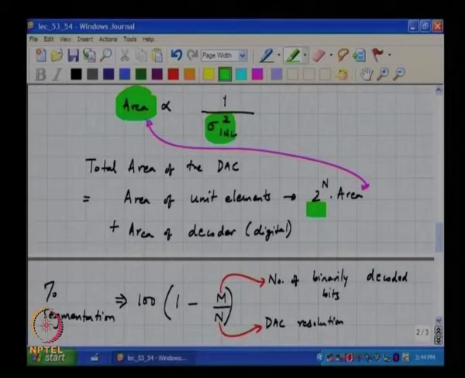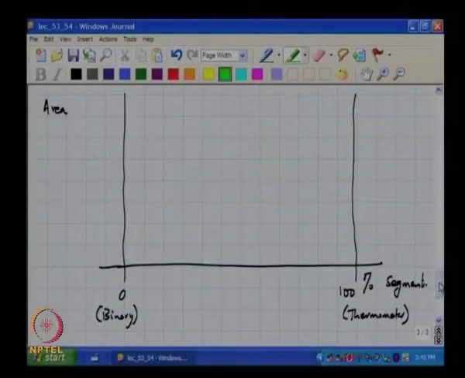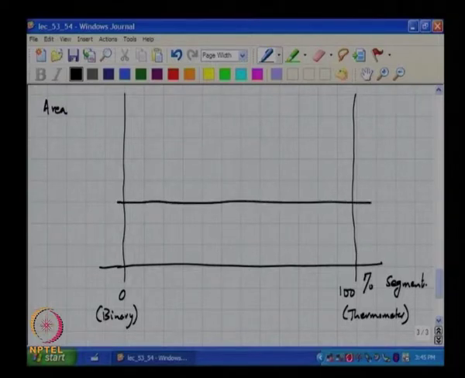If you define it consistently the same way, this is independent of the segmentation. Therefore, regardless of the segmentation, the area required to achieve a given sigma INL remains constant, right.